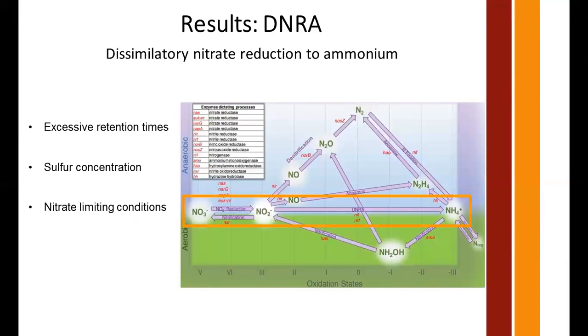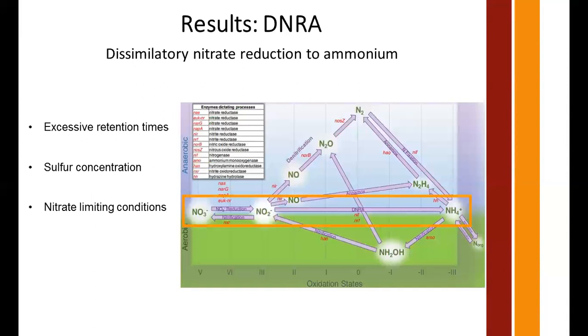DNRA can also occur in environments with high sulfur concentrations. There are differing theories of why this occurs. Some believe that DNRA bacteria function better in high sulfur environments, and also that sulfur can block the enzyme that drives denitrification.